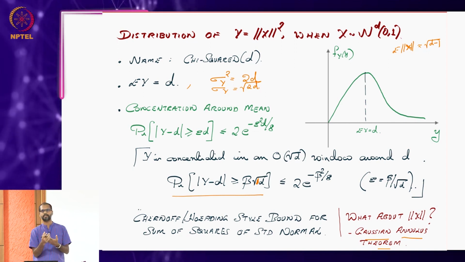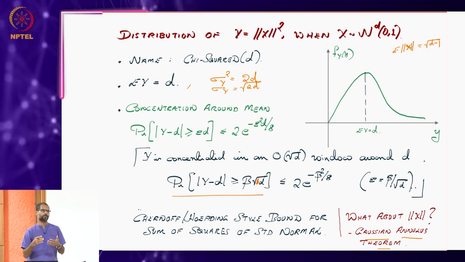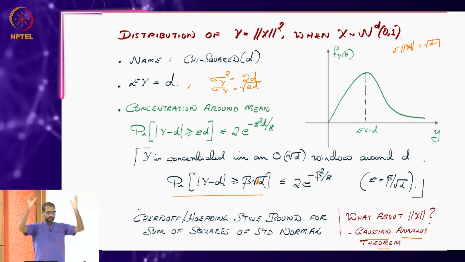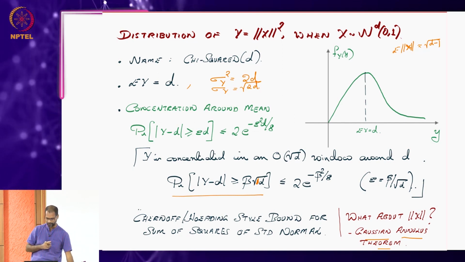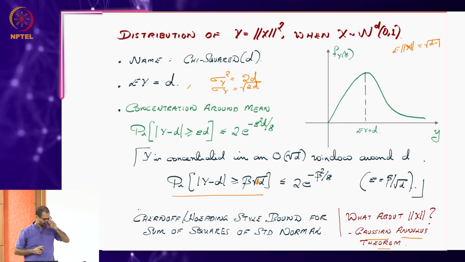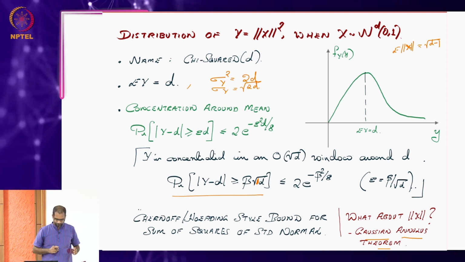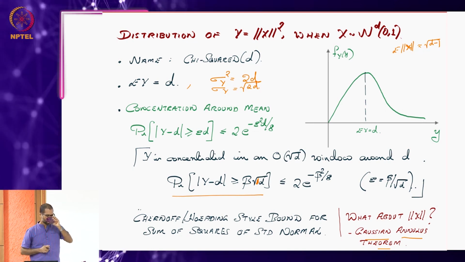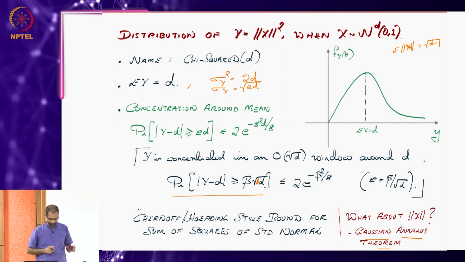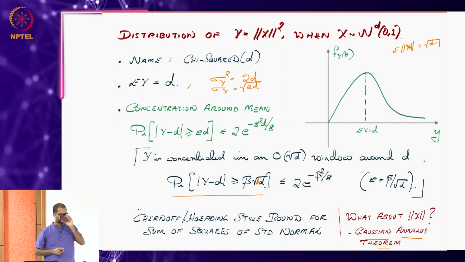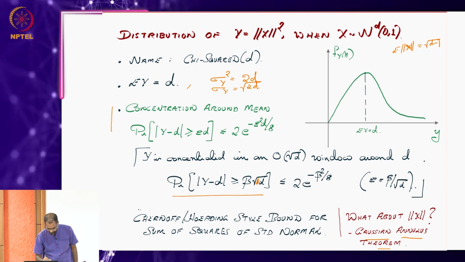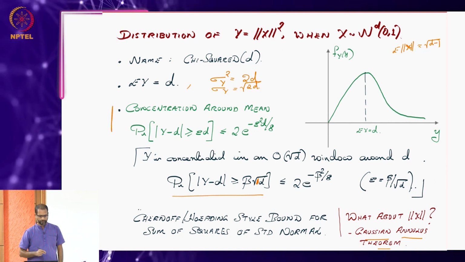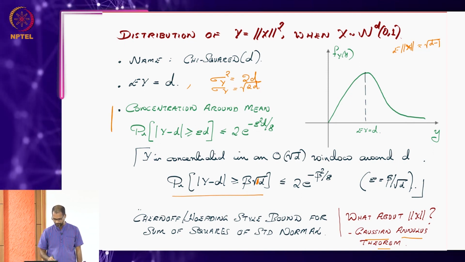For some 100 dimensions it will be more like an annulus in the 100 dimensional space whose radius from the center is around 10. So, we are going to roughly make use of this to finish our analysis.